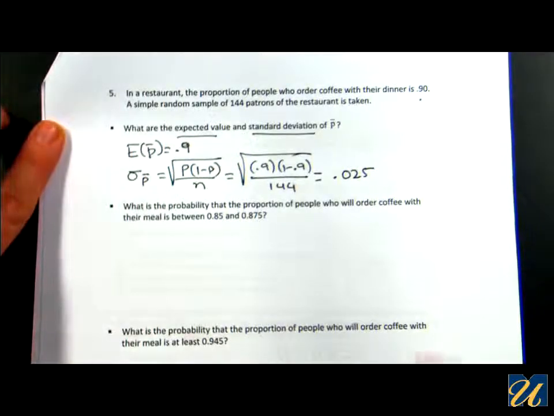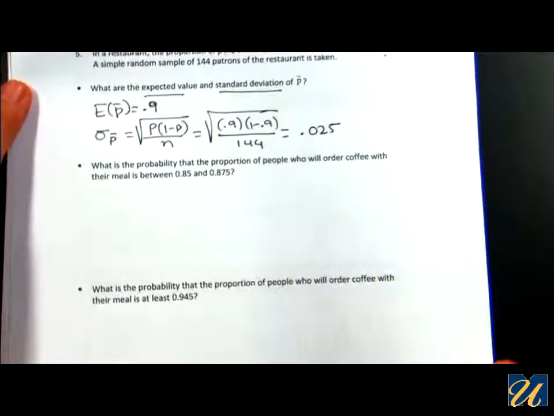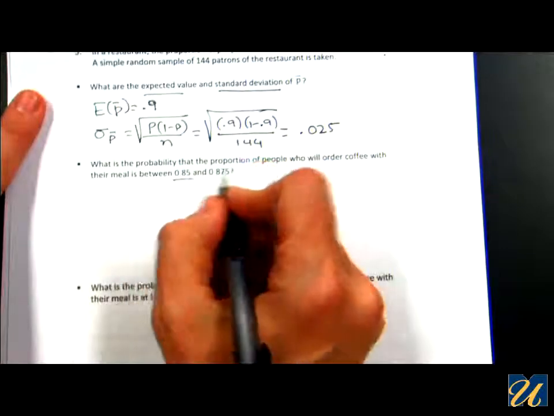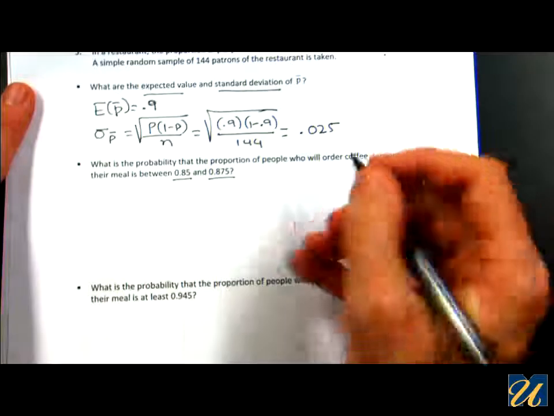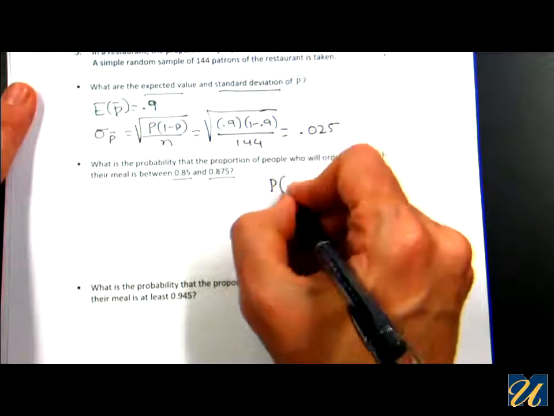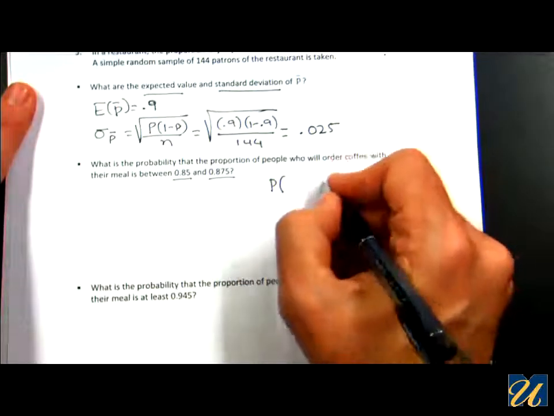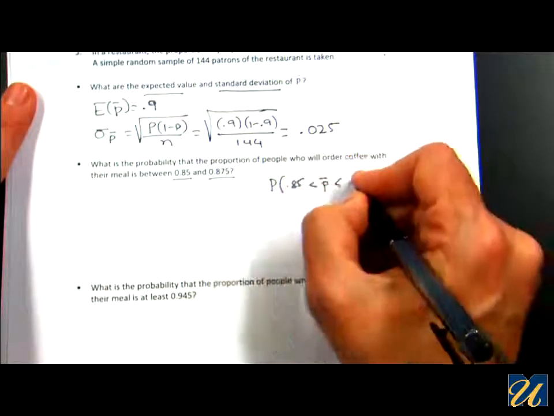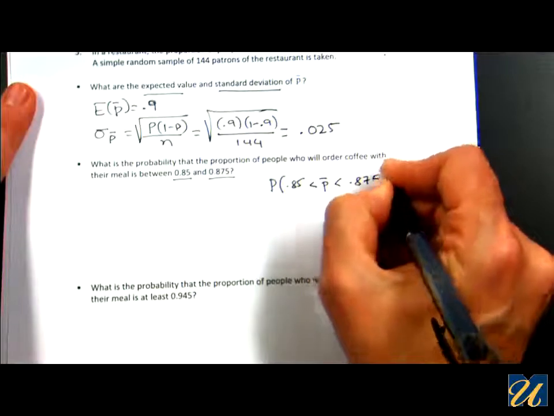Now, what is the probability that the proportion of people who will order coffee with their meal is between 0.85 and 0.875? So I'm looking for the probability where P bar is between 0.85 and 0.875.